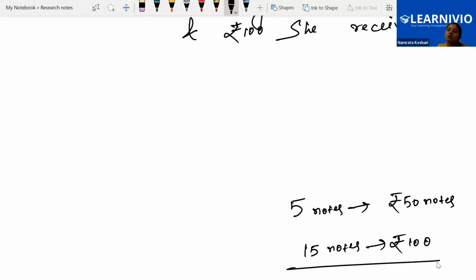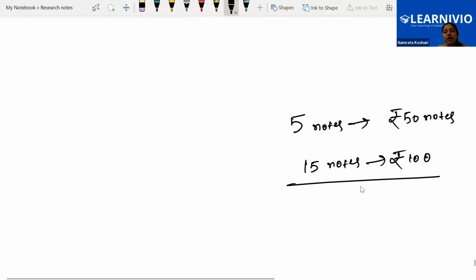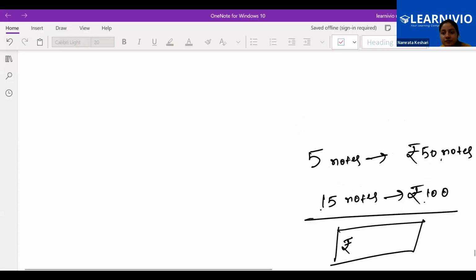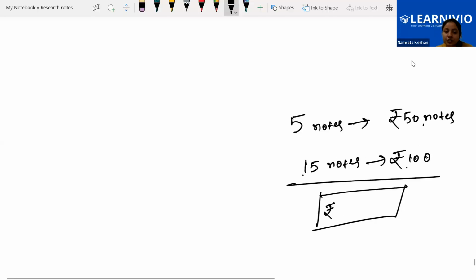Suppose I am having 5 notes of rupees 50 and 15 notes of rupees 100. So what is the total amount I am having in my wallet? 250 plus 1500.